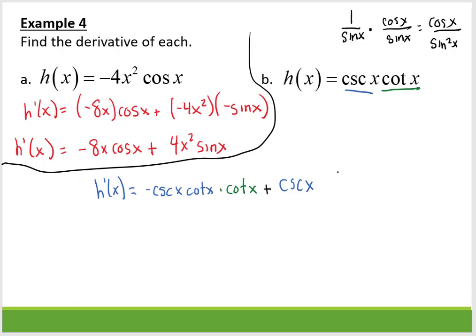And then cotangent, derivative of cotangent is negative cosecant squared x. Remember, the derivatives of cofunctions are always negative, meaning cosecant, cotangent, cosine. Now this is actually kind of fun to simplify, I think. But remember, I love calculus.